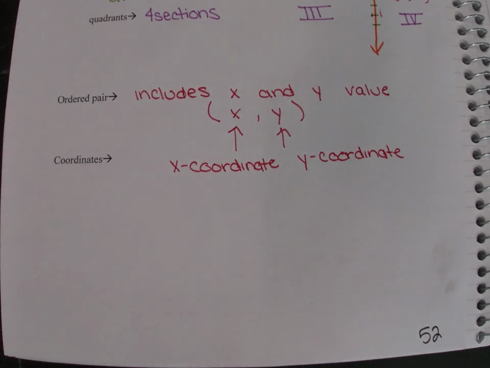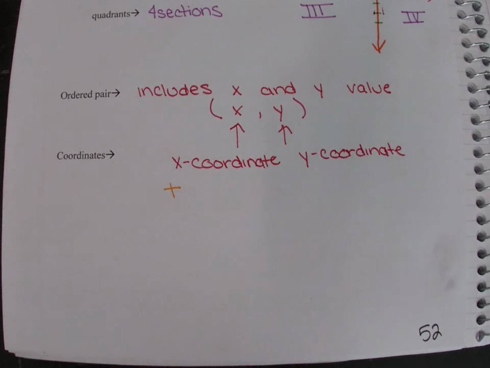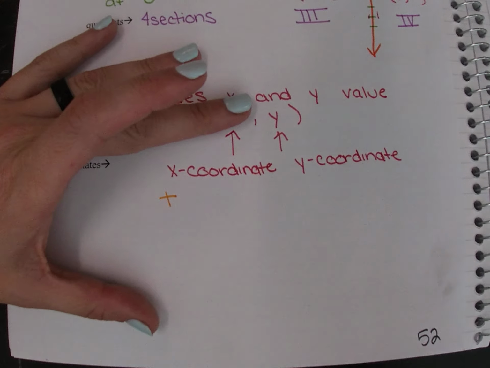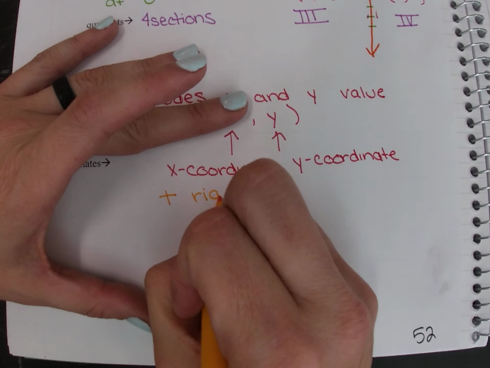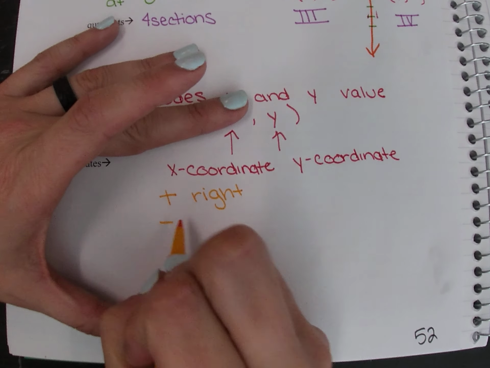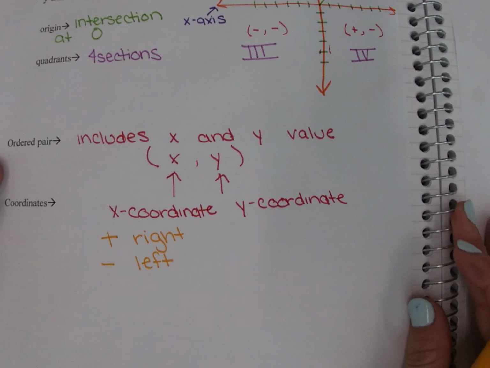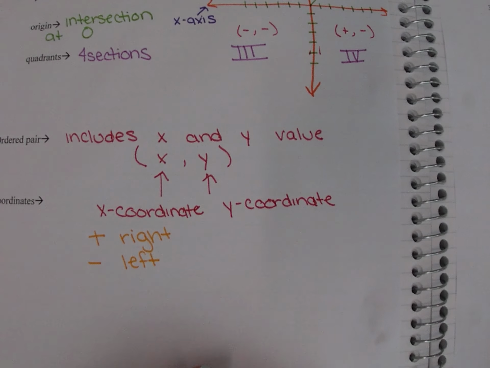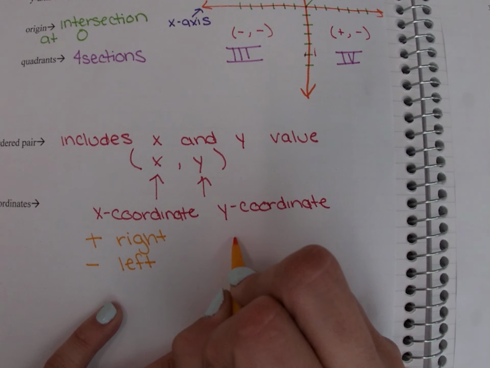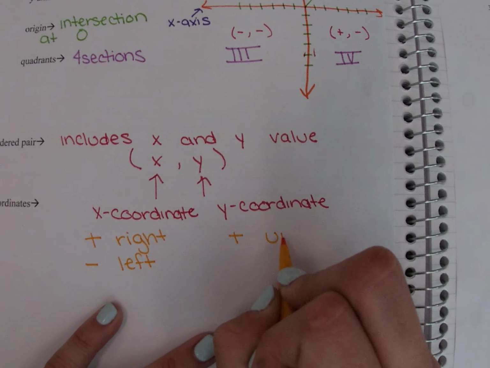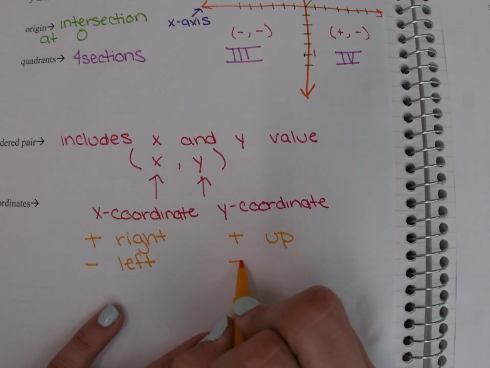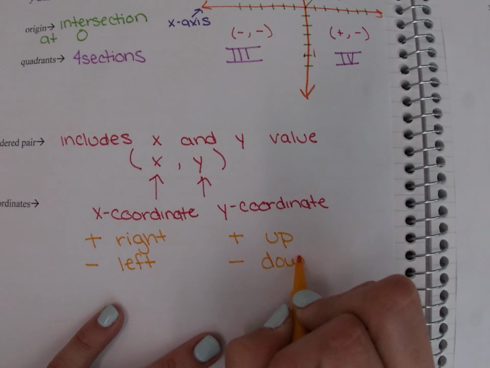If our X value is positive, we are going to be moving right. And if it is negative, we are going to be moving left. If our Y value is positive, we are going to be going up. And if it is negative, we are going to be going down.